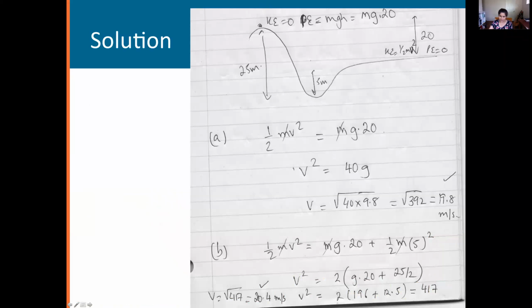This is the initial kinetic energy added on to the potential energy. And we still need to find the final velocity, and it comes out to be 20.4 meters per second. So it's more than it was in this case. Does that make sense? Yes, because it starts off with a greater total energy, so it makes sense for it to have greater kinetic energy afterwards, since this potential energy is the same in both cases.